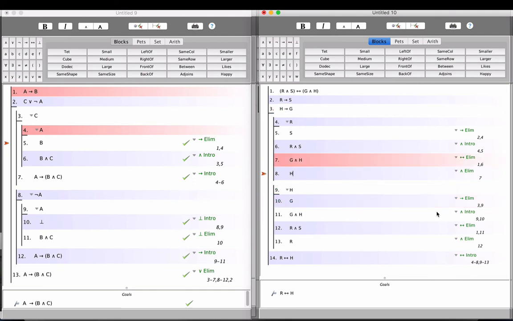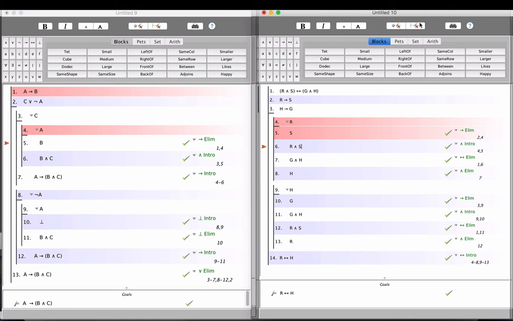And we achieved the end of the first subproof sequence in a way that was mirrored by the second subproof sequence. So we have conjunction elim, biconditional elim, conjunction intro. And everything checks out.